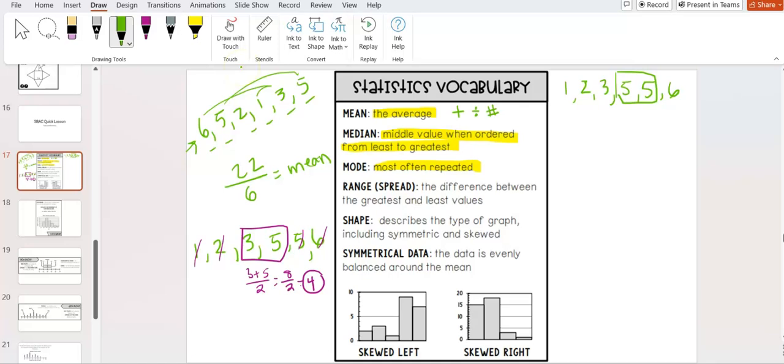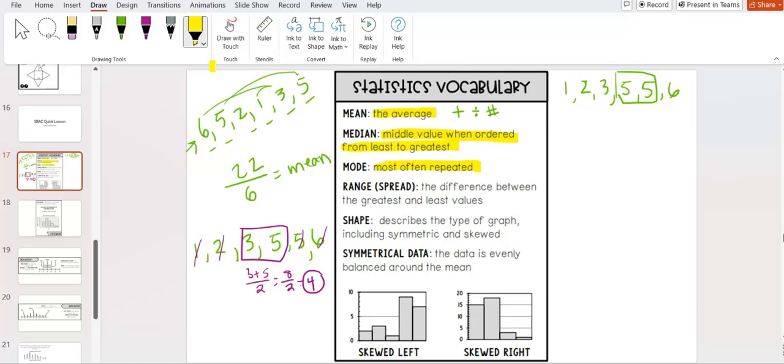Now, some data sets do not have a mode. If you do not have a number that occurs more than once, you do not have a mode. If you have 2 numbers that occur the same amount of times, for example, if I had another 1 here, then 1 and 5 would be my modes. So you can have more than one mode.